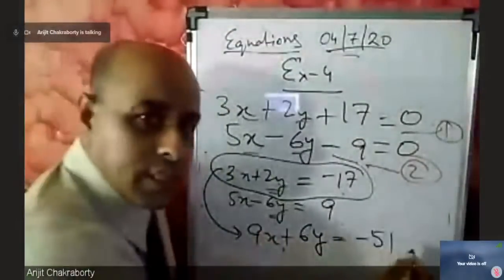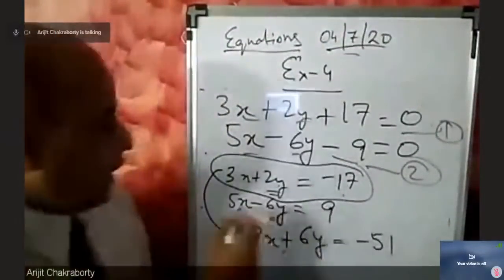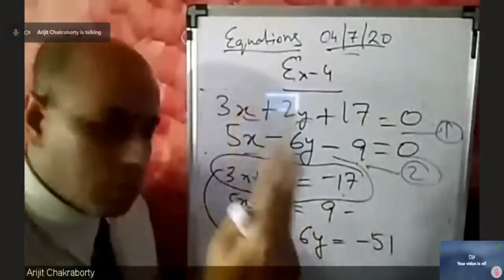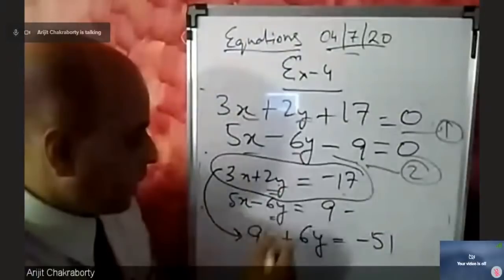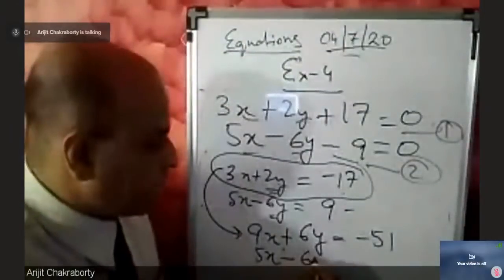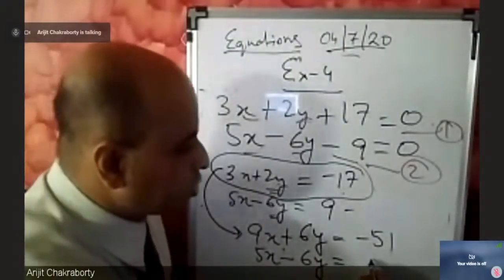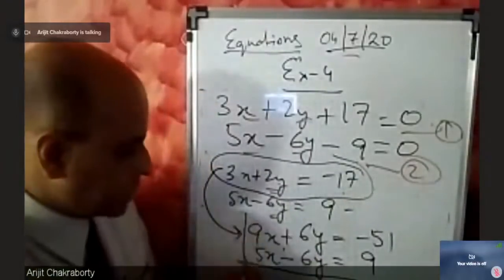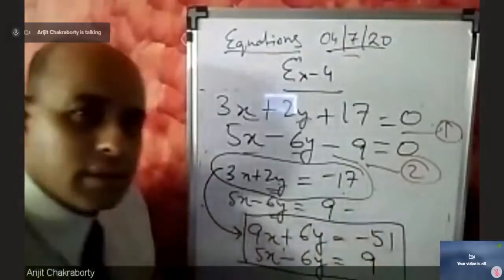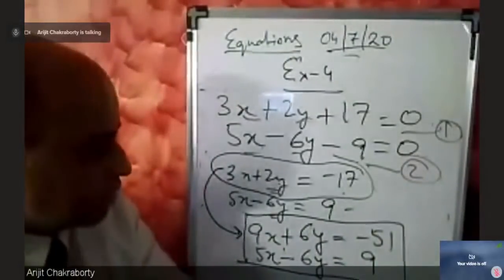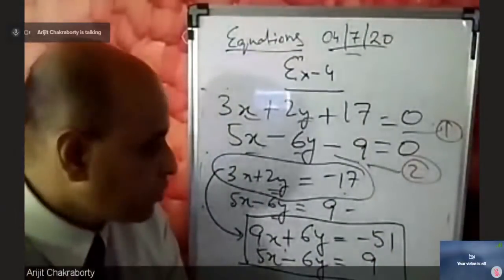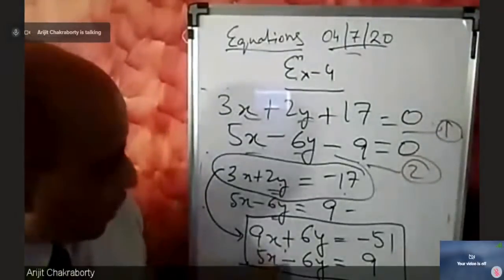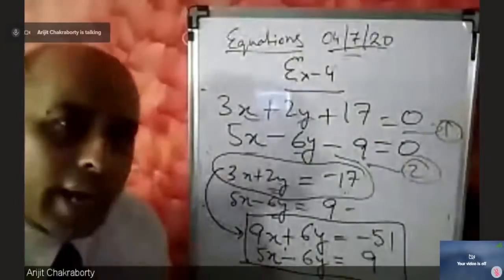Okay, so this is the new equation. And we already had the old equation number 2, 5x minus 6y is equal to 9. So if you see now, friends, 9x plus 6y equal to minus 51, and then we have 5x minus 6y is 9.